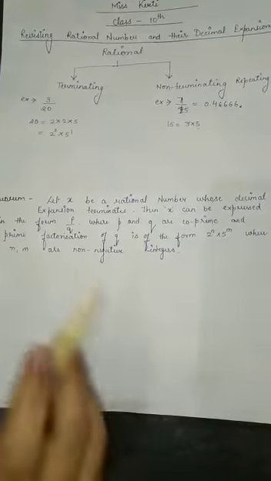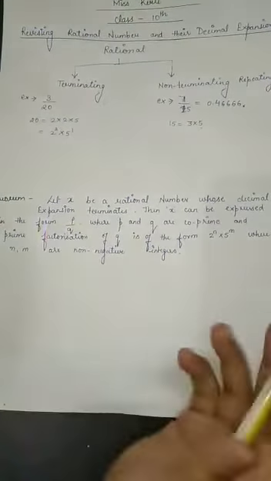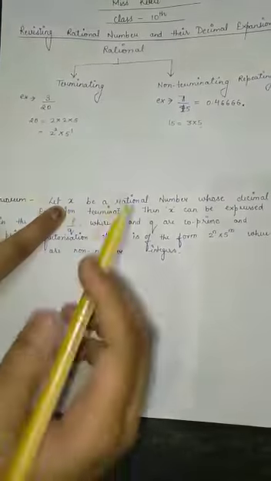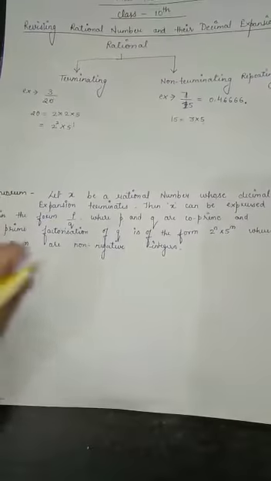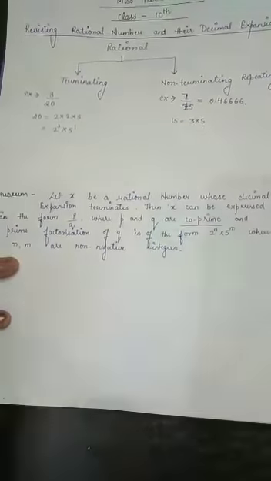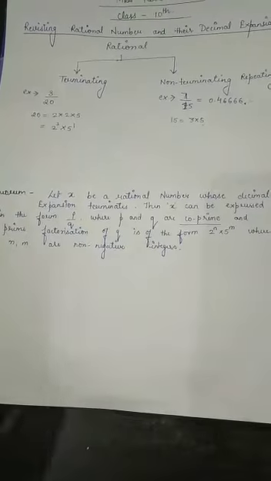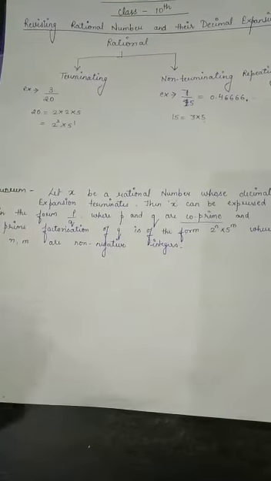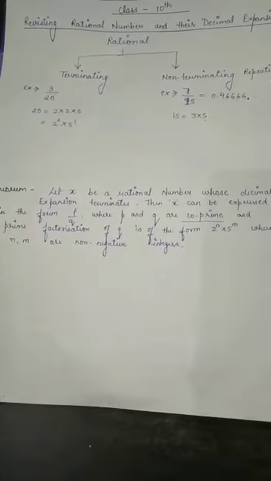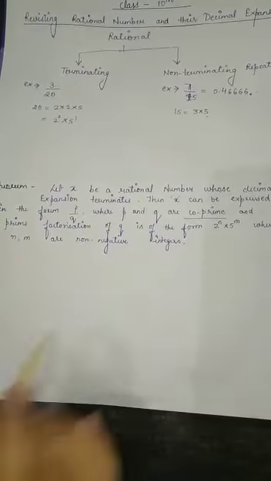In this theorem, take a rational number x. A rational number is always in the form p upon q, where p and q are co-prime. The meaning of co-prime is no common factor between them, or the HCF of the numbers is 1.